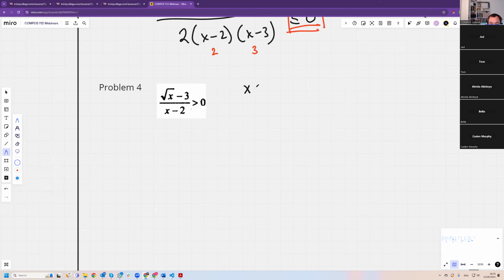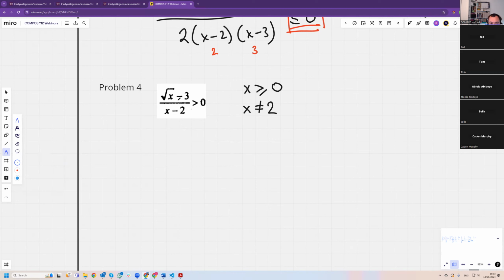Therefore, there's a limitation: x is greater or equal to 0. Of course, x is not equal to 2, but we already know how to deal with that. But then everything else is the same.